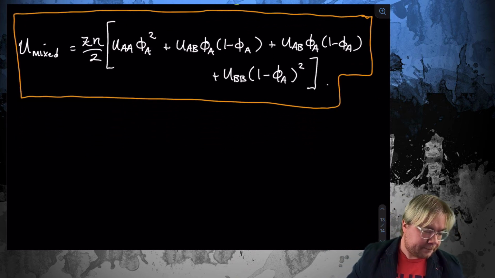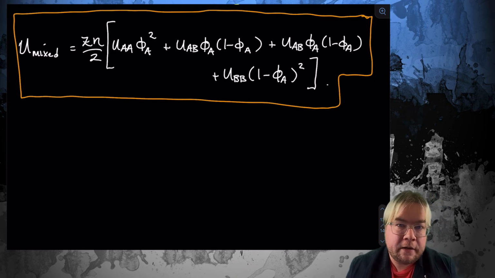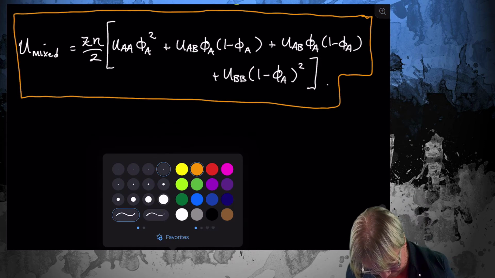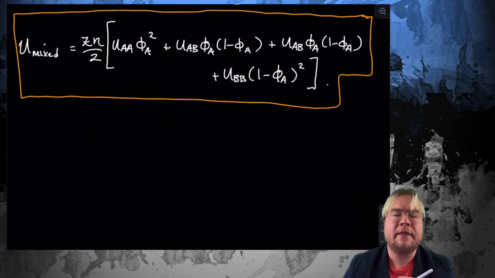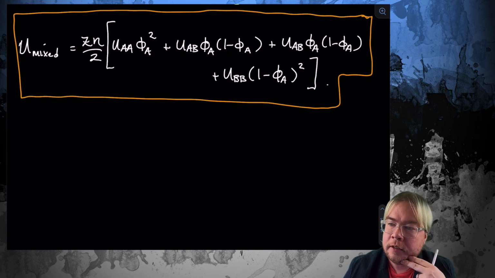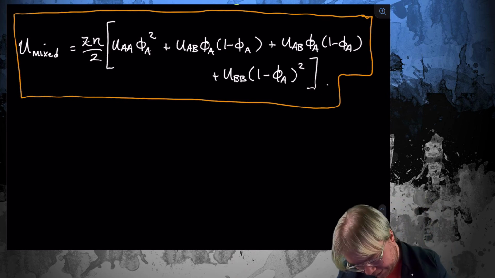Okay, well now what? Well, now we need to look at what the energy is in the unmixed state. So going back to the lattice, let me draw it with an even number of lattice sites just to make it clearer. So let's draw 16, I guess.